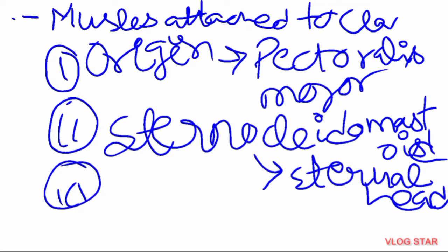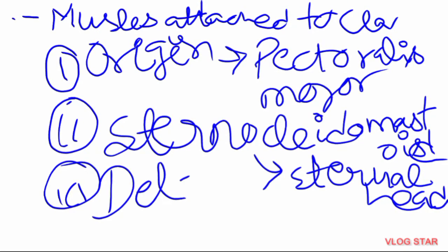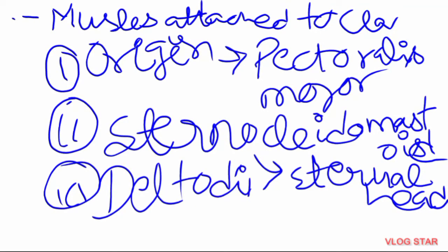And the third is deltoid, and this is anterior half. The anterior half of deltoid, also deltoid. Okay. Deltoid, origin from clavicle.